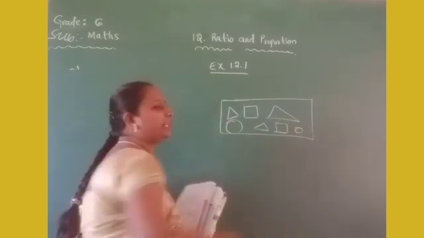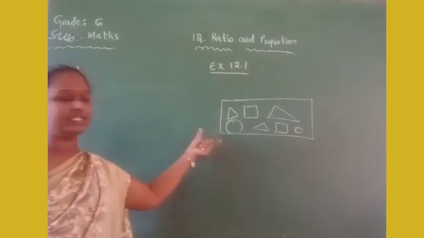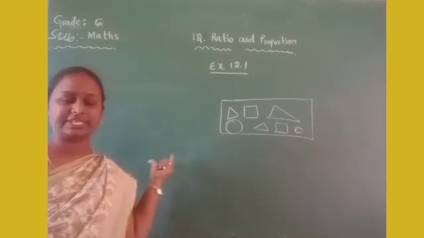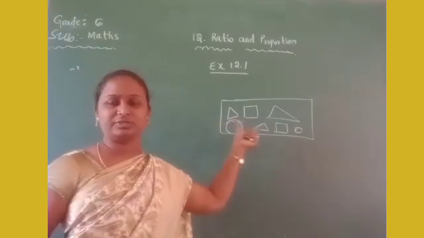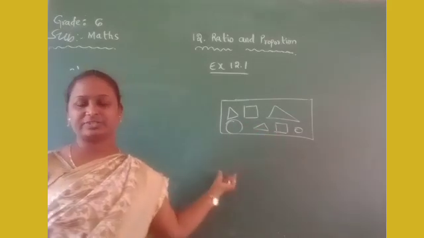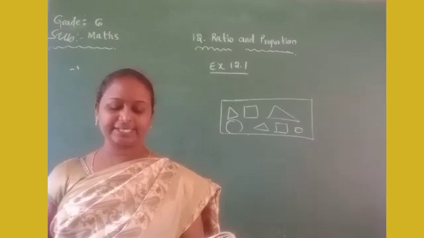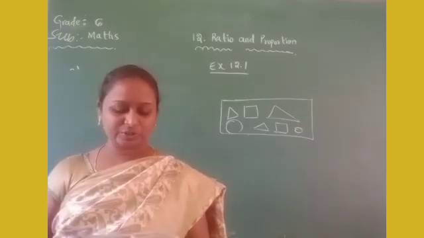So count the total number of figures, how many rectangles and how many circles, and use the ratio symbol. We can find the ratio of triangles to rectangles, rectangles to triangles. Read what he asked and write the answer. This one I am giving you as homework, you have to do it yourself.